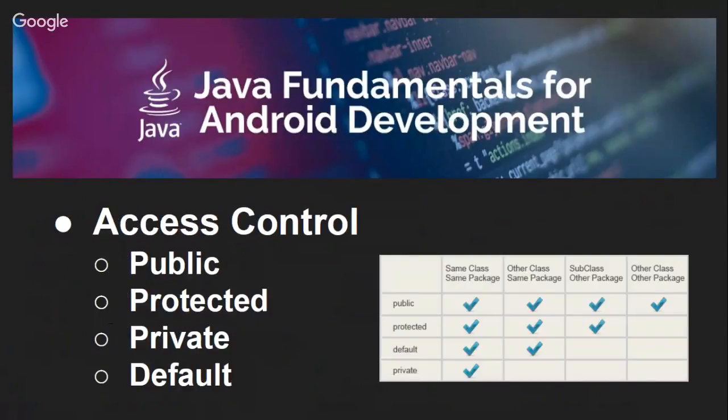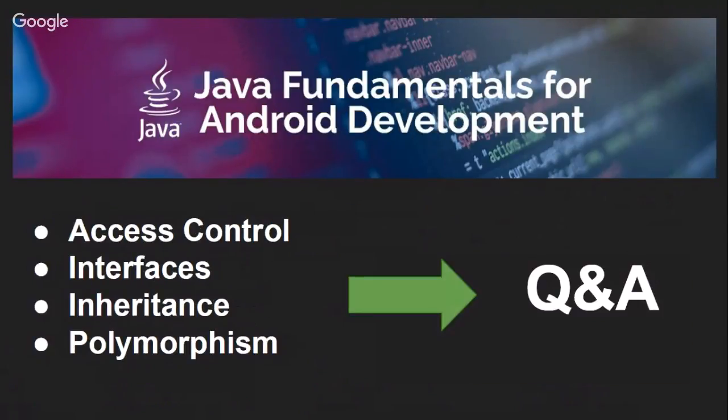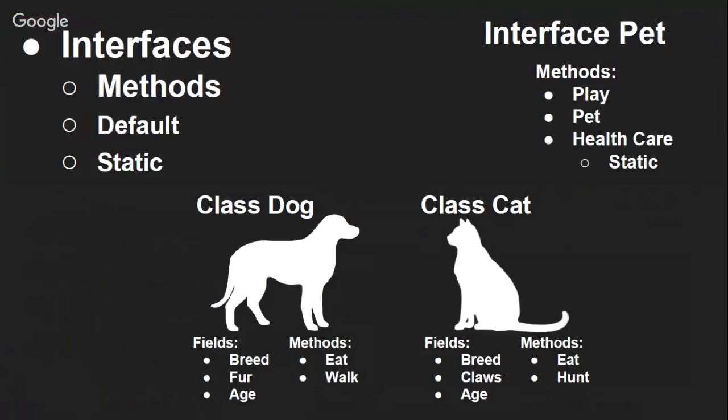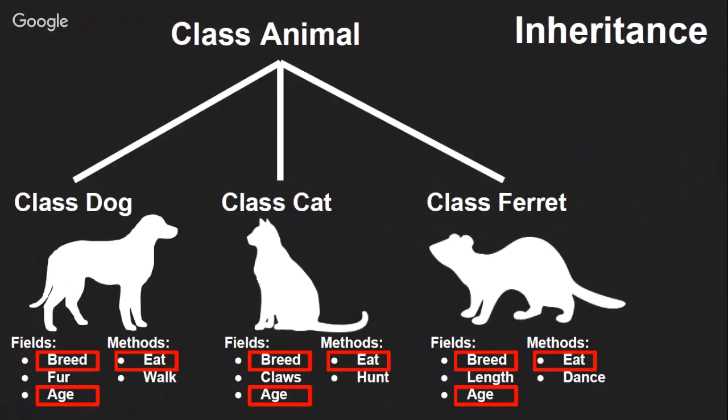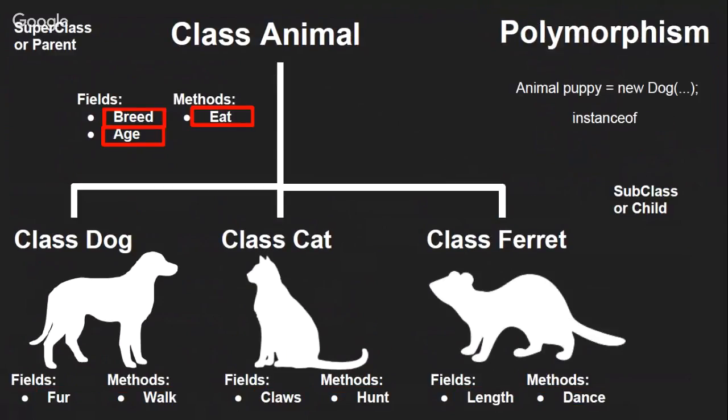So we can use all of these tools when they are needed, and they are really powerful. For example, the interfaces, all of that we talked about, the inheritance, the polymorphism.